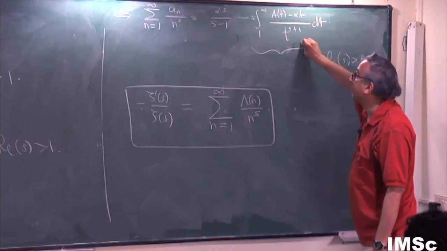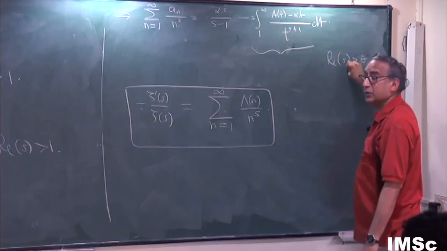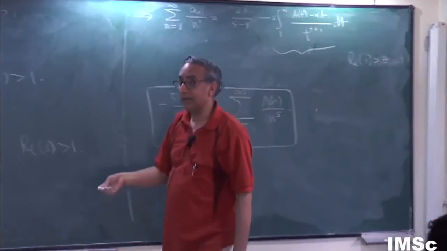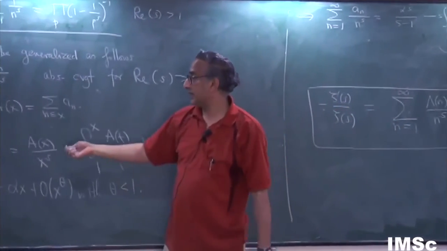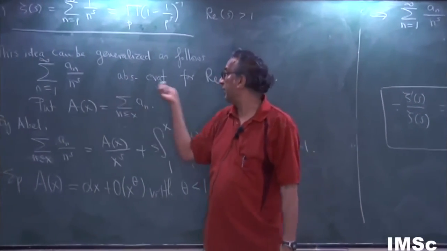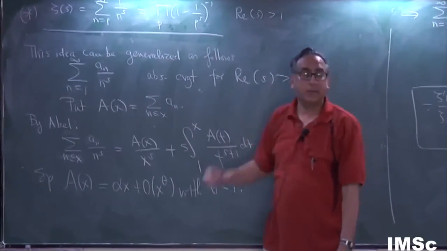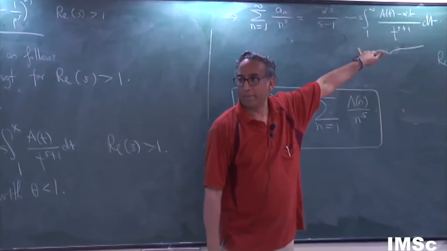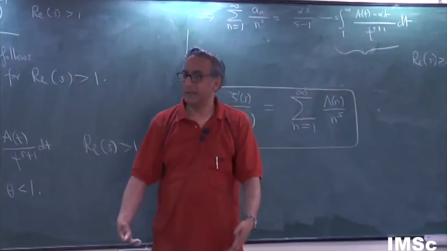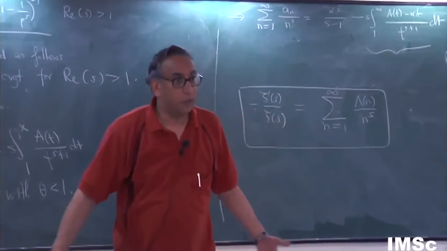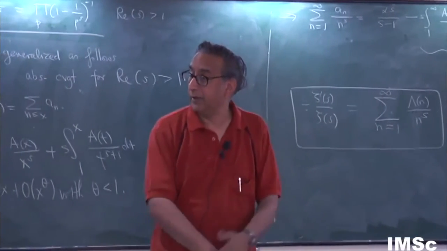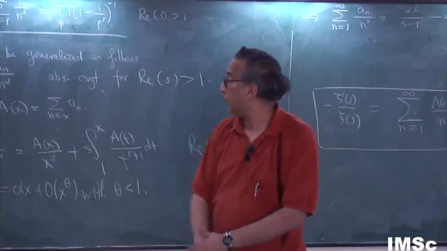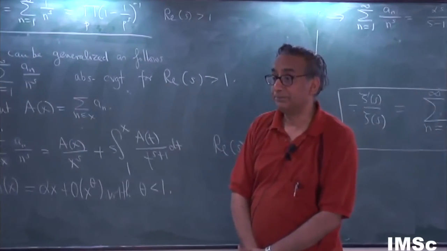So this defines an analytic function in this region. And it's nice because theta is now less than 1. So the original Dirichlet series which you had, which made sense only in this region, has been analytically continued to a larger region. And according to Riemann's philosophy, the analytic continuation holds the secrets. Therefore, you're now well on your way in trying to understand the function that you have, that a sub n.